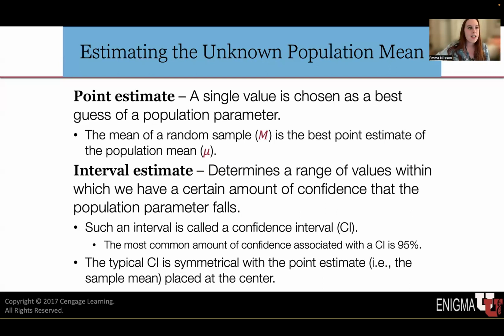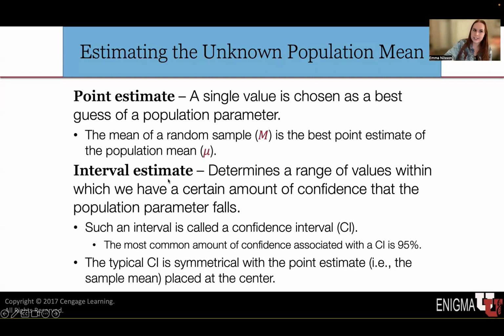Up until this point, we've been talking about using a point estimate of the population mean, which is just when we take a single value as the best guess of our population parameter. And we've usually been using the mean of our random sample as our best point estimate for the population mean.